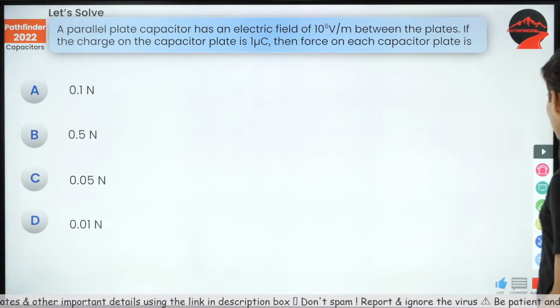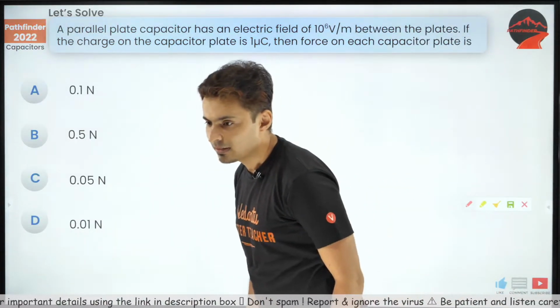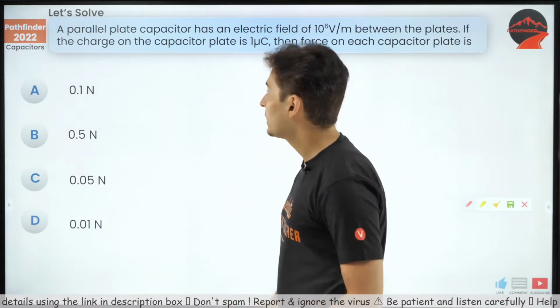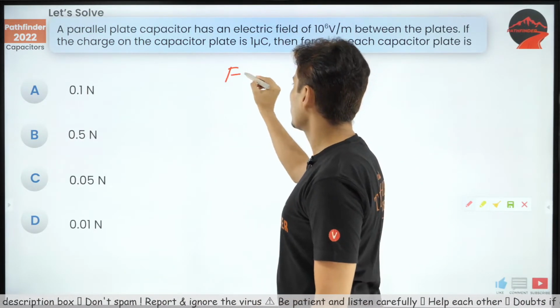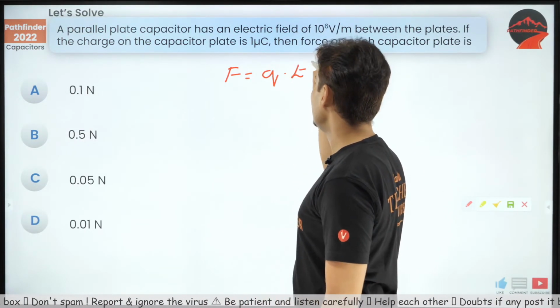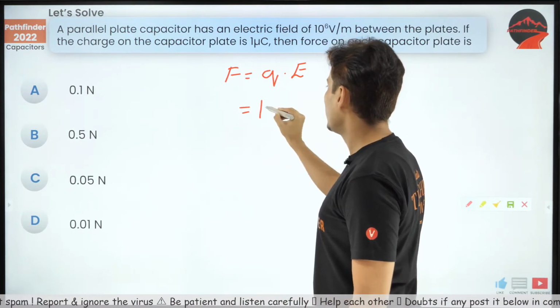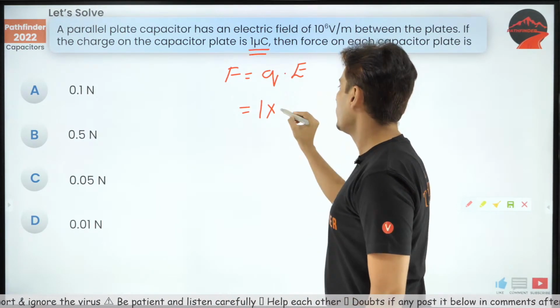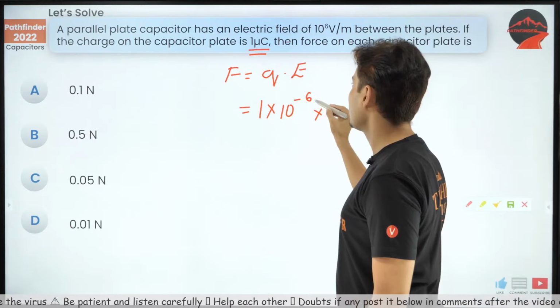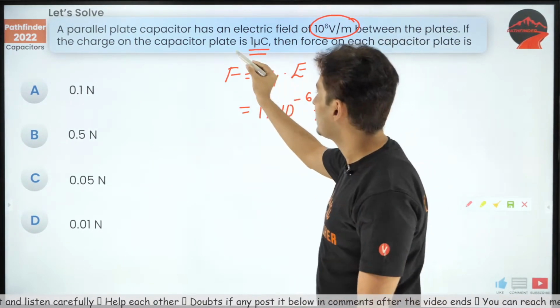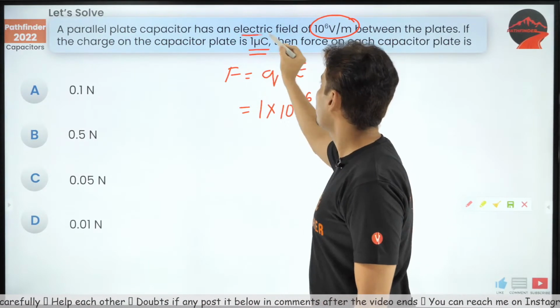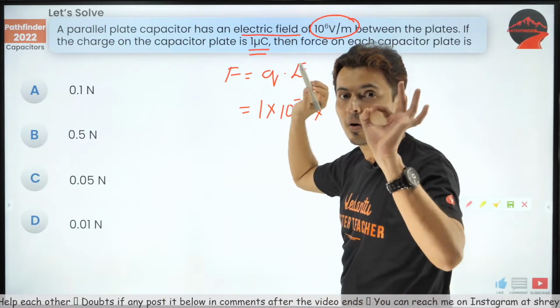Well, a lot of you are saying C. Some of you are saying B also. I'll tell you what. What is the force? Remember, force is charge into field. Charge is 1 microcoulomb, which means 1 into 10 to the power minus 6. A lot of you are going to take this field value as it is. It's clearly given. It has an electric field of this much. That's wrong.